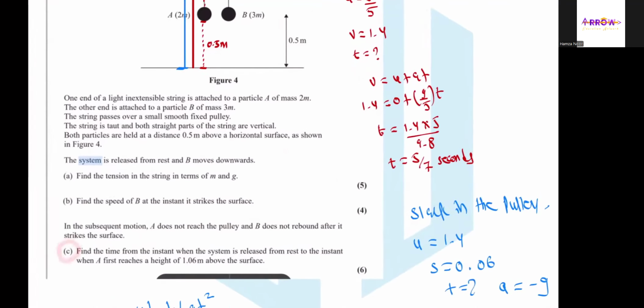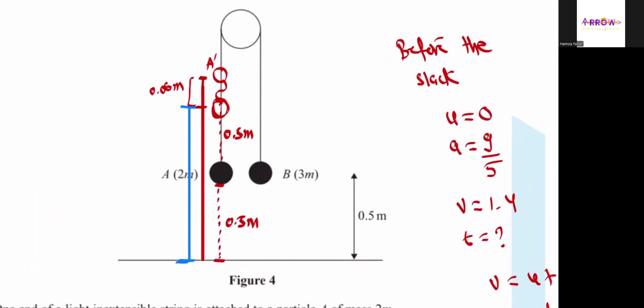So part C is asking: find the time from the instant when the system is released from rest to the instant when A first reaches a height of 1.06 meter above the surface. Particles A and B are initially on the same horizontal level, and they both are 0.5 meter above the horizontal ground.